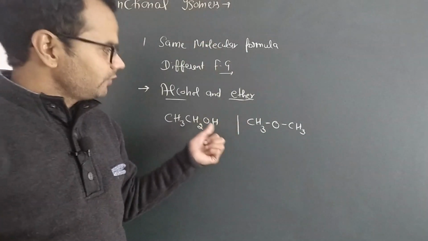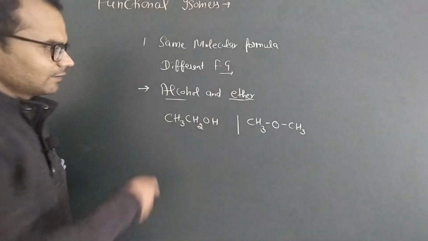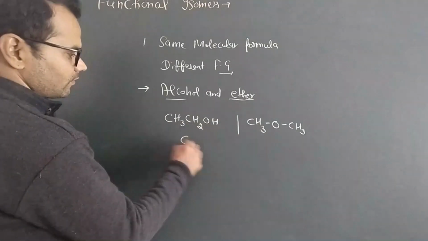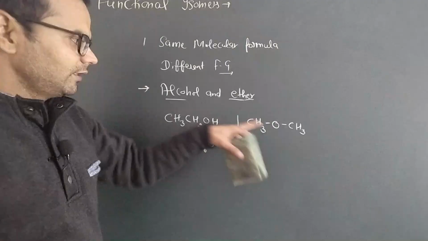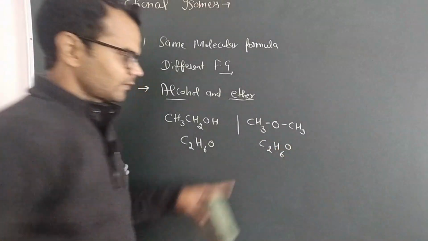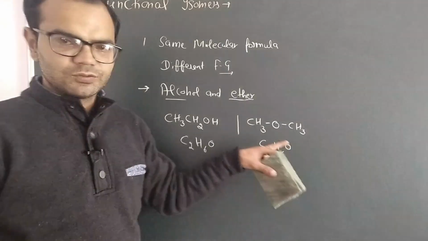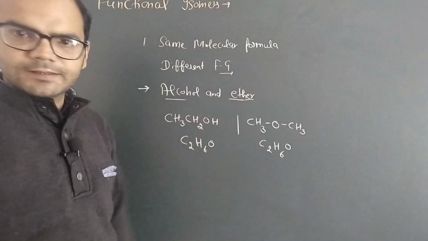We can write their general formula also. If we combine the carbons, C2H6O, and here again C2H6O. We can represent this in terms of n, where n is the number of carbon atoms.